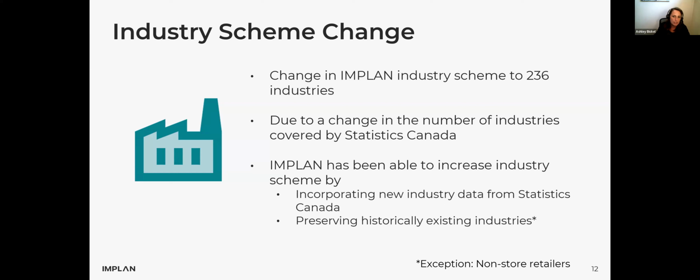So this combination of expansions and deprecations has resulted in a new IMPLAN industry set of 236 industries. And I'll just quickly note that the 2022 data year is the first time in which the IMPLAN industry set is different from Statistics Canada.